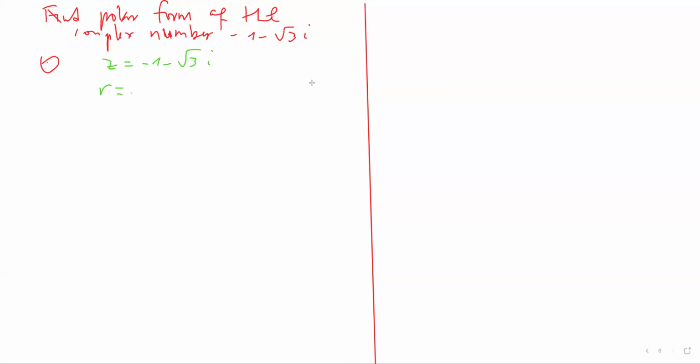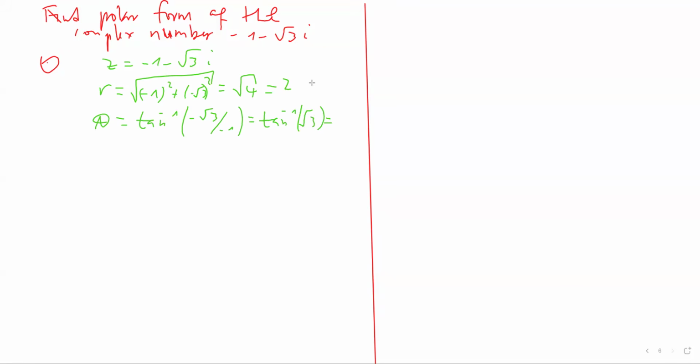then our r is nothing but the square root of minus 1 squared plus minus square root of 3 squared, and this will be square root of 4, which is 2. Then our theta is tan inverse of minus square root of 3 over minus 1, which is tan inverse of square root of 3, which is pi over 3. Of course, if we consider the quadrants, this is really in the third quadrant.